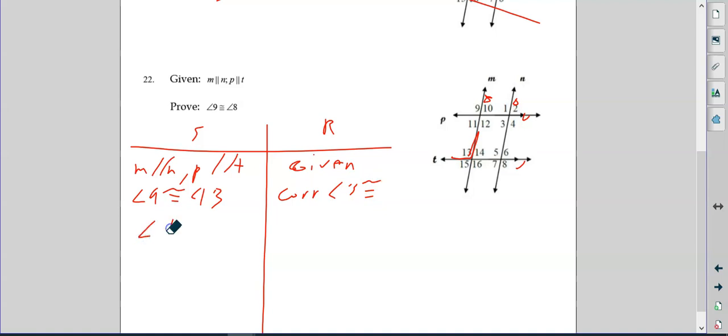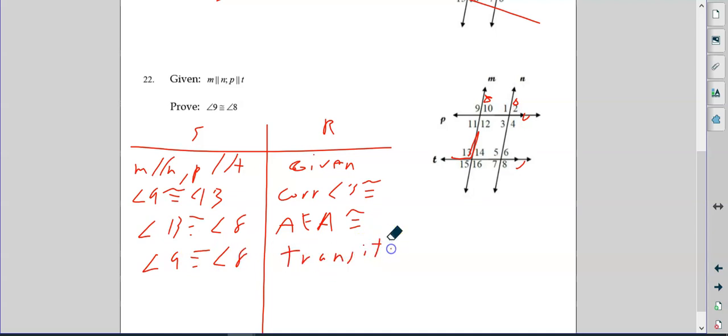Then we're going to say angle 13 is congruent to angle 8. Alternate exterior angles are congruent. And then I can say angle 9 is congruent to angle 8 by the transitive property. And that's it.